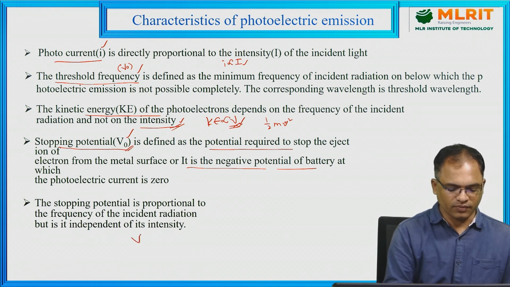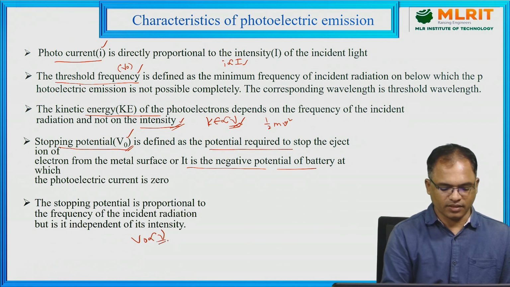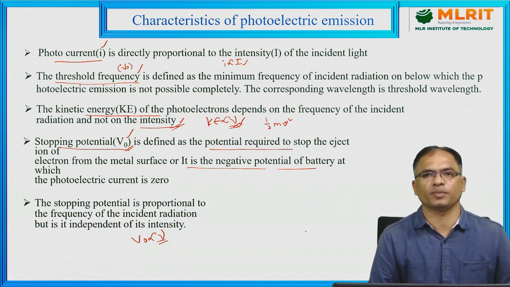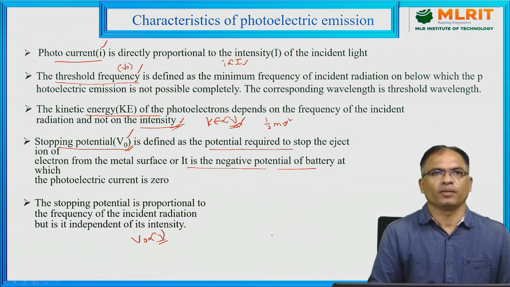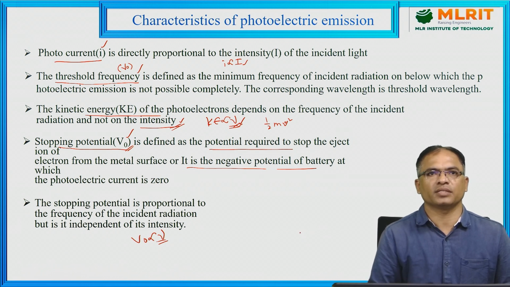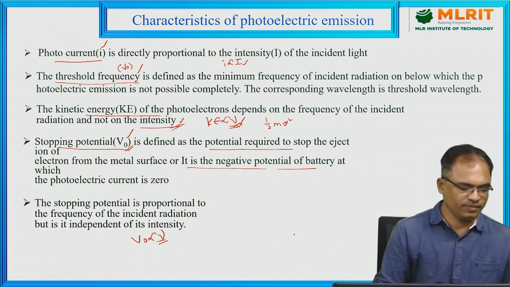Stopping potential is always directly proportional to frequency of incident radiation. It also doesn't depend upon the intensity of incident radiation. So that is how photoelectric emission has some important characteristics. All these characteristics are discussed here.